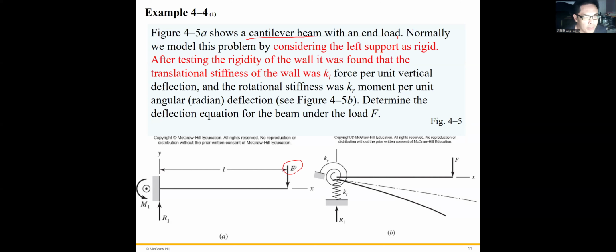You would just think, well, it's quite easy, right? It's a common question, just a cantilever beam. However, in this case, from those mechanics courses that you learned, we always consider this cantilever beam as rigid, and the support, the boundary condition, is also rigid.